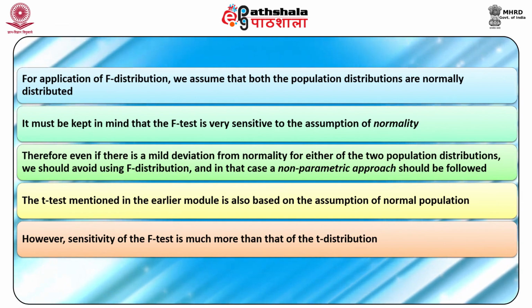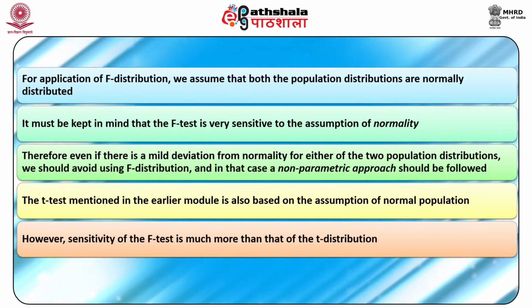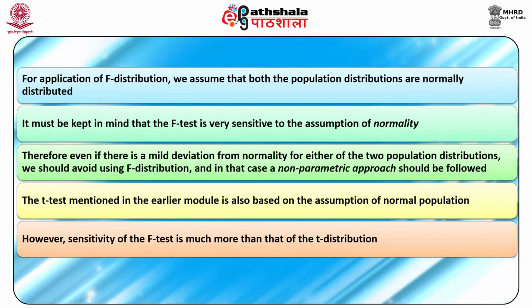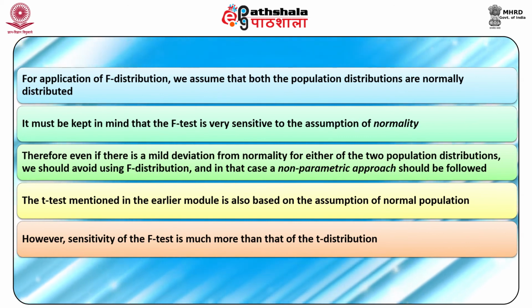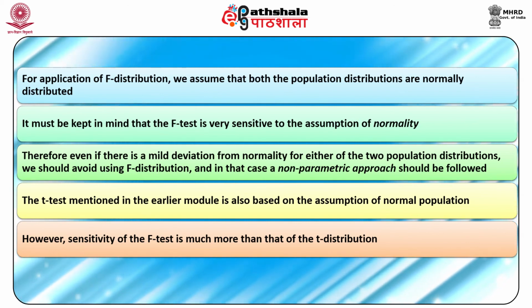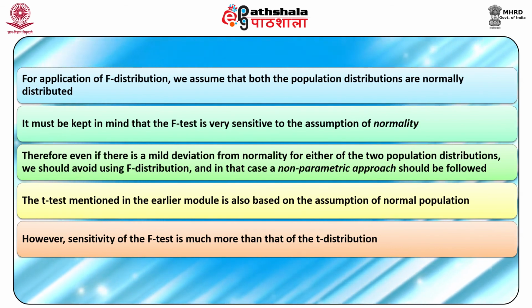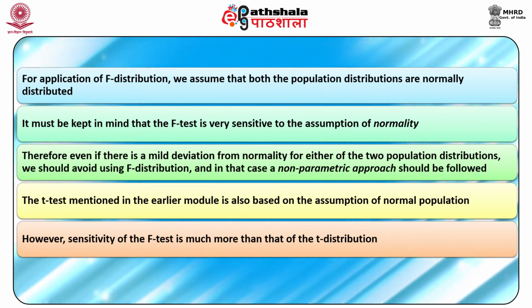Therefore, even if there is a mild deviation from normality for either of the two population distributions, we should avoid using the F distribution, and in that case, a non-parametric approach should be followed. The t-test mentioned in the earlier modules is also based on the assumption of a normal population. However, the sensitivity of the F-test is much more than that of the t-distribution.